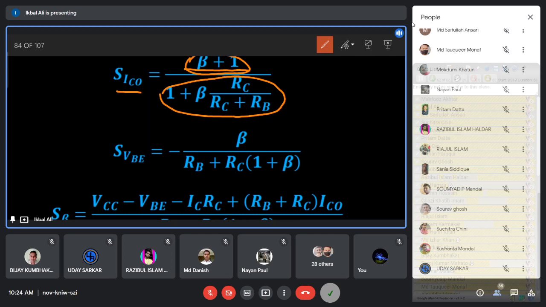But in case of collector to base bias, it is beta plus 1 divided by an expression which is larger than 1. So it is less. In case of collector to base bias, the stability factor value is less than the fixed bias circuit. That means this collector to base bias circuit is much more stable compared to the fixed bias circuit. Have you got this point? Have you understood this one?